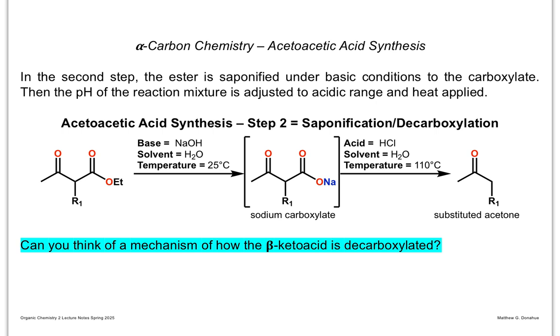So once you've done the substitution, so there's your R1, you treat with sodium hydroxide and water. This is called saponification. And so if we look at what's happening, that ester is getting substituted, so nucleophilic acyl substitution, which we talked about in the prior module.